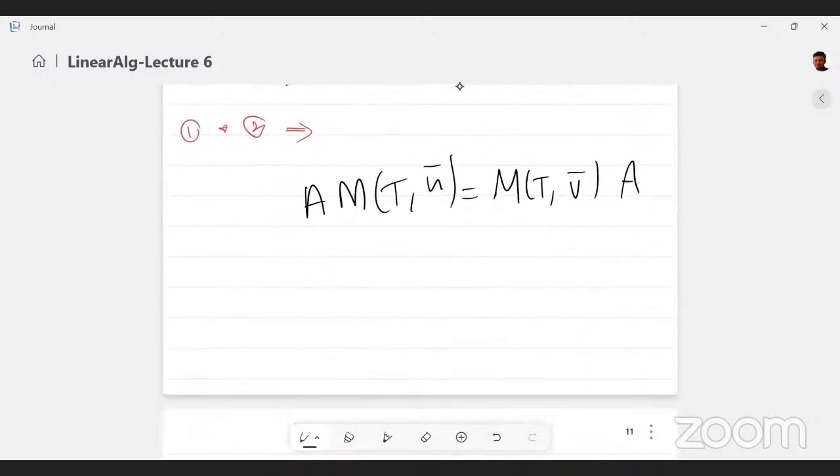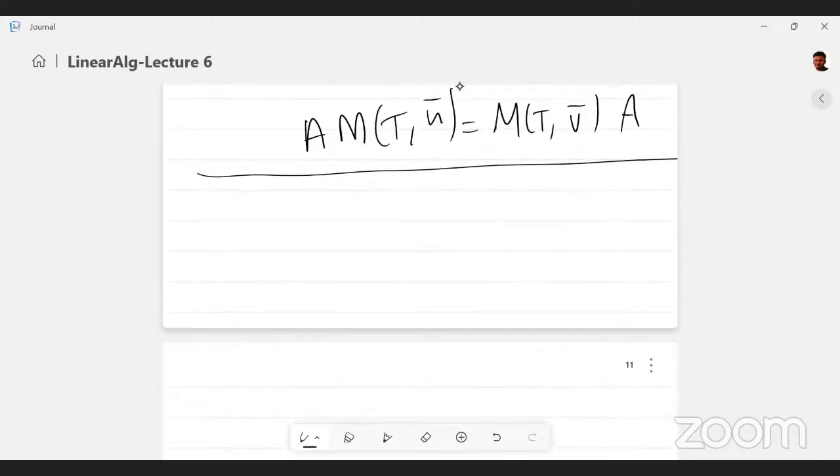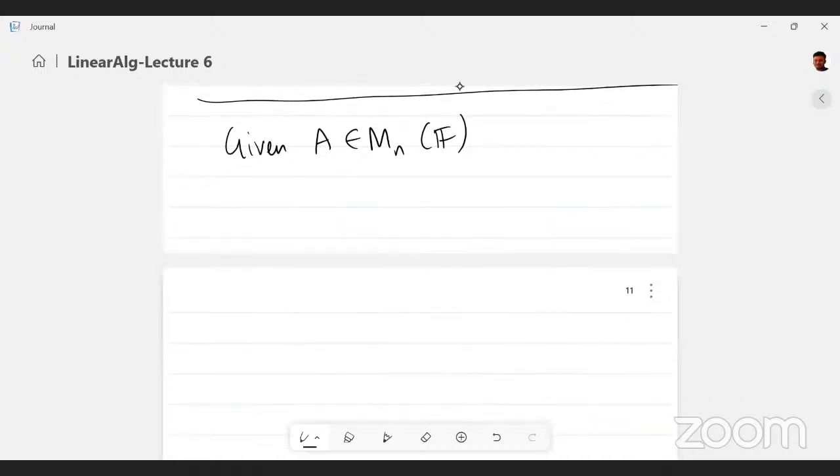Let me actually complete the story, because what we are interested in is matrix multiplication. Given an n by n matrix A over the field F, we were interested in doing computations for A, like computing A square, A inverse, and so on.